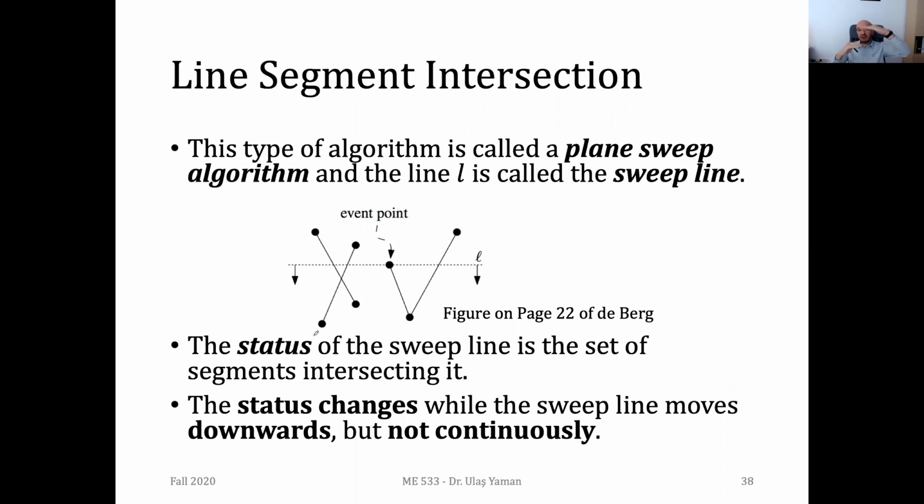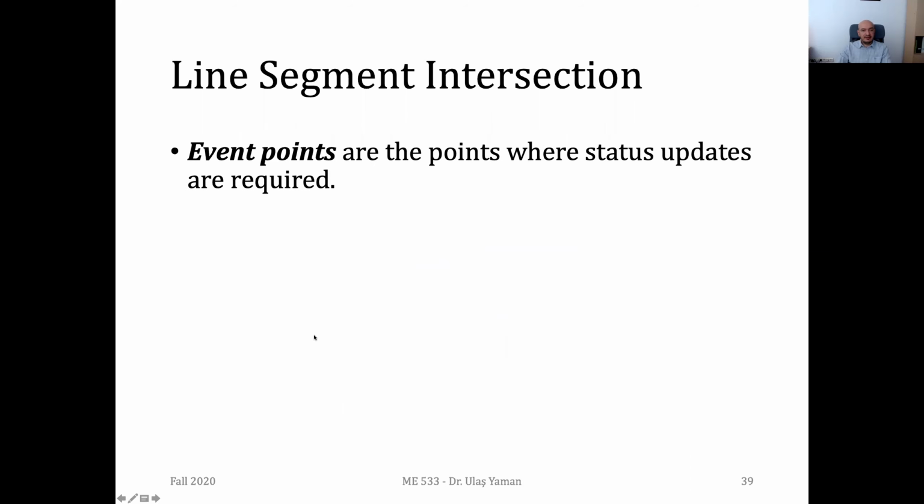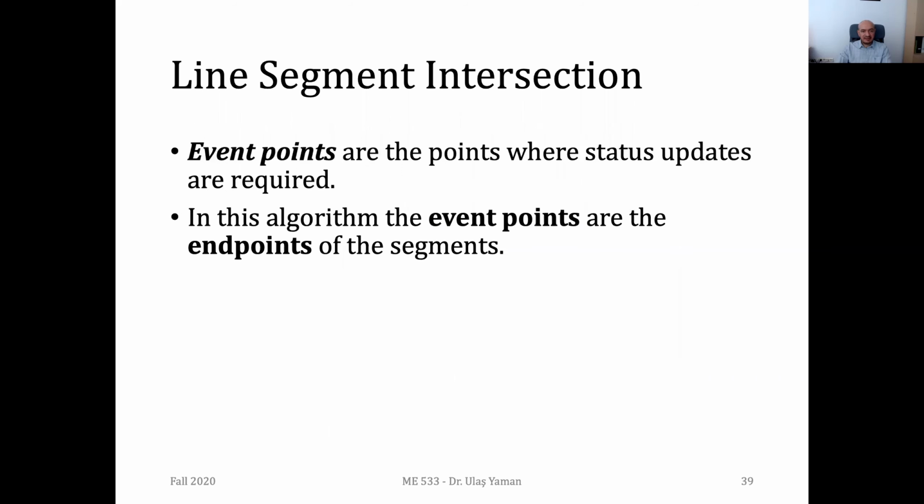In between the endpoints, it's always the same, but once you come up with an event point, its content will be modified. This is the same thing I mentioned. At the event points, there might be updates on the status, and these event points are usually the endpoints of the segments and the intersection of the line segments.